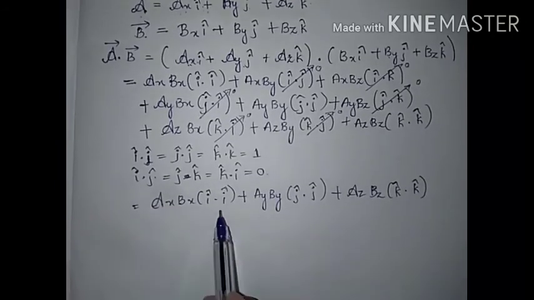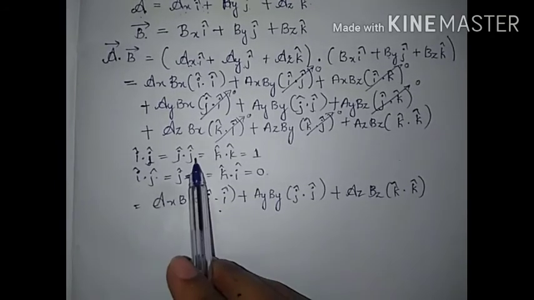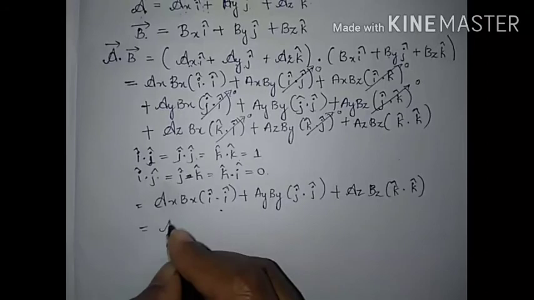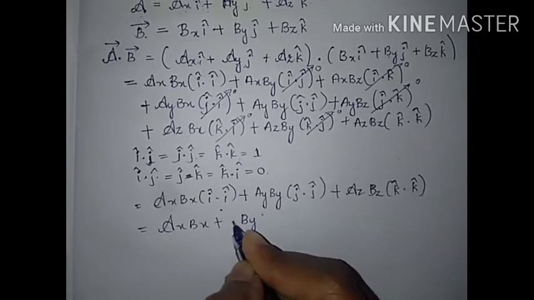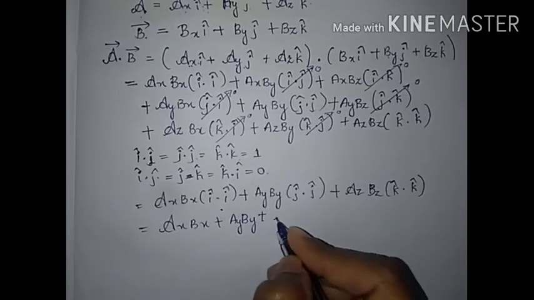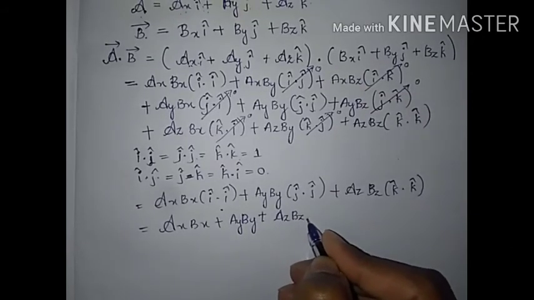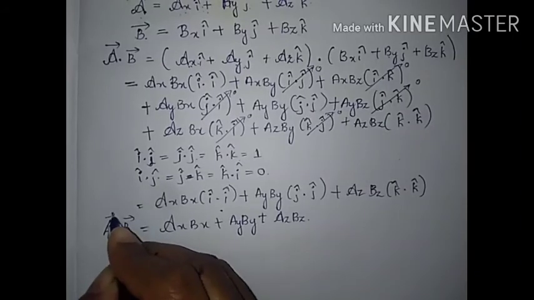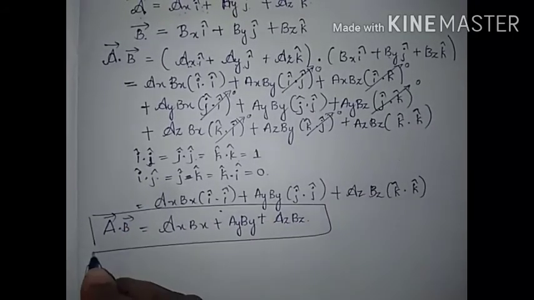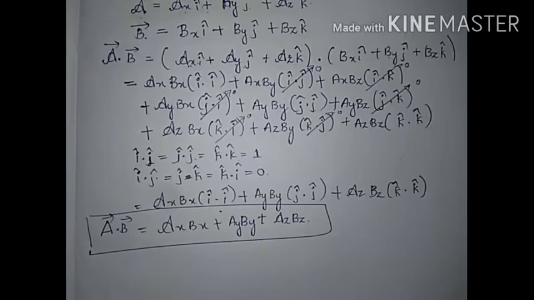Now we know the values of i dot i, j dot j, k dot k, so this can be written as Ax Bx plus Ay By plus Az Bz. So A dot B is Ax Bx plus Ay By plus Az Bz.